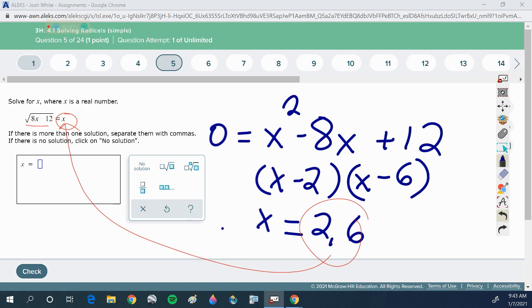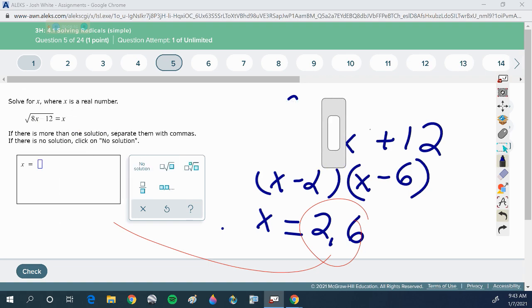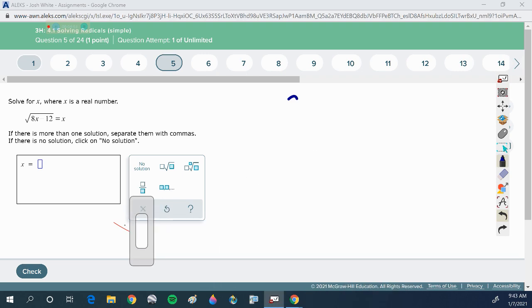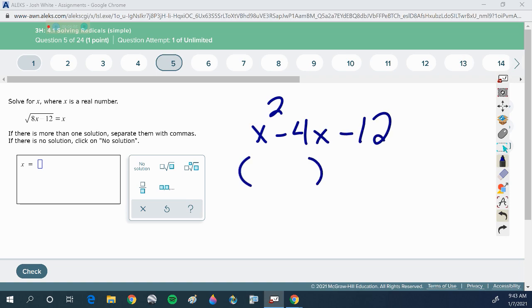Yes. Okay. But what if my equation was x squared minus 4x minus 12? Can you think of two numbers that multiply to be negative 12 and add to be negative 4? Negative 6 and positive 2.